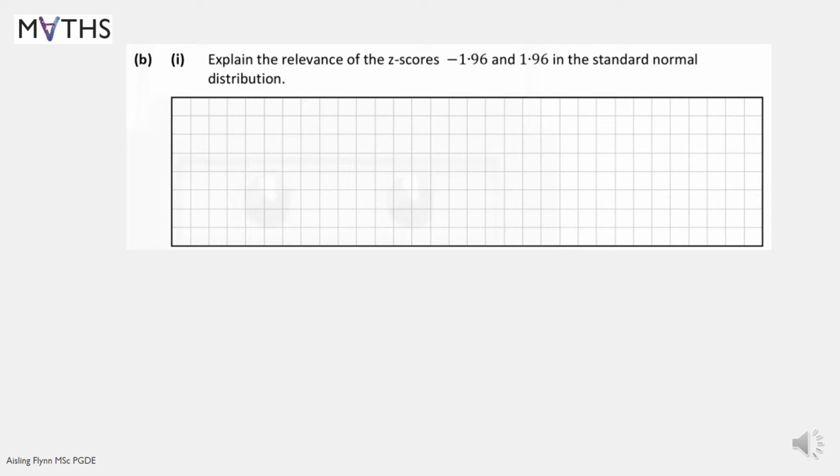Okay, B part 1. Explain the relevance of the z-scores minus 1.96 and 1.96 in the standard normal distribution.